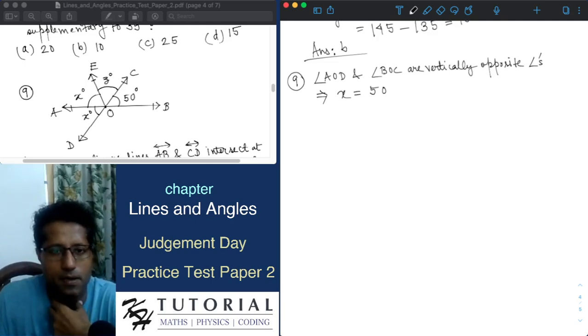Now consider the line AB and the rays EO and OC.